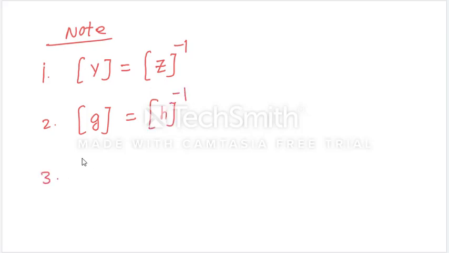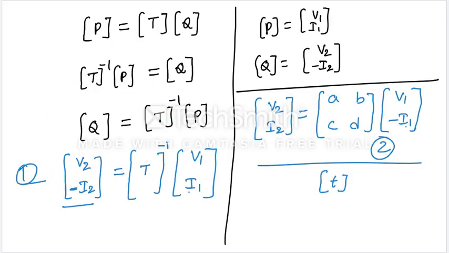And third, can I call the small t matrix the inverse of the capital T matrix? No. This property is not satisfied in the case of small t and capital T. Why?